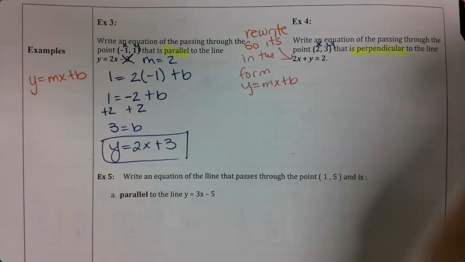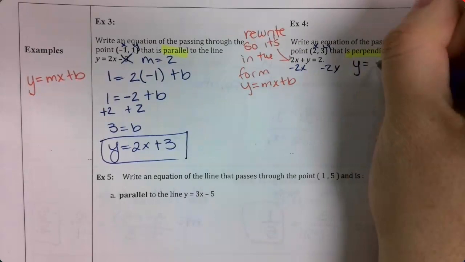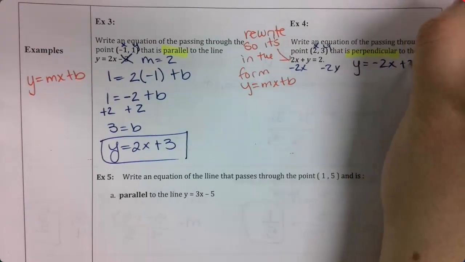So I'm going to subtract 2x on both sides. I get y equals negative 2x plus 2.